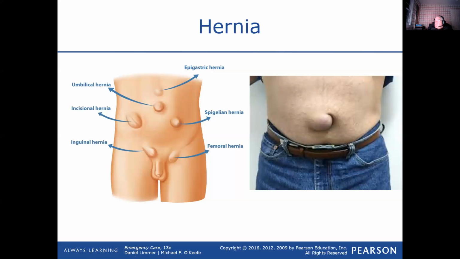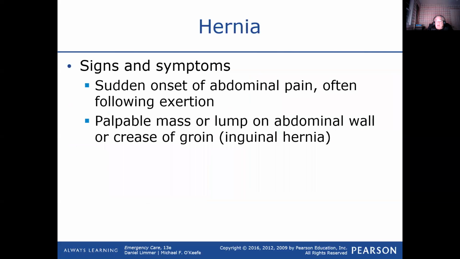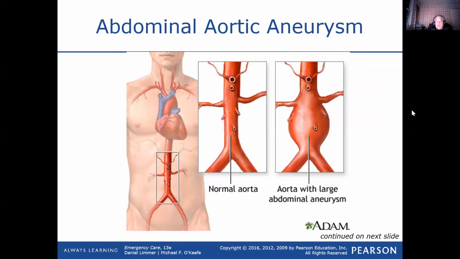Somebody asked, why should there be a difference in blood pressures and pulses? If we go back to here, I said that here's the aneurysm and here's your iliacs, right? This is where the aneurysm is. If the aneurysm starts to go down into one of the two blood vessels, there will not be good blood flow through that blood vessel.